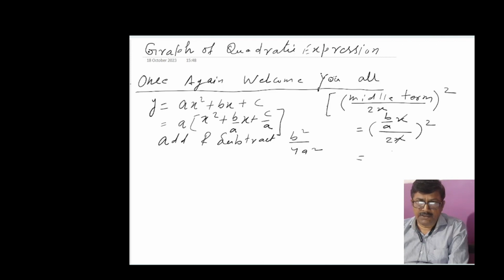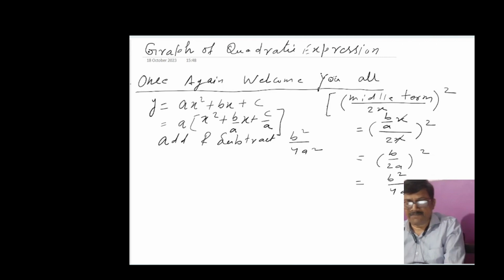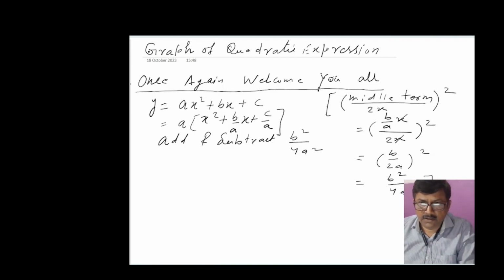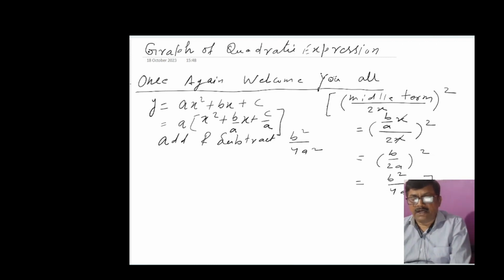So this will be b upon 2a whole square, equals b square upon 4a square. Okay. Now we will add and subtract this b square upon 4a square. So this is the method of finding what we will add and what we will subtract. Okay. So now I come to our main topic.